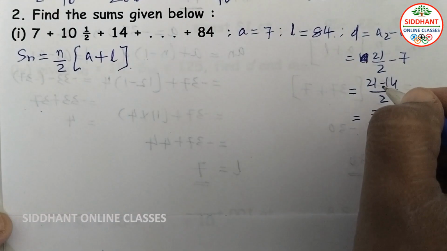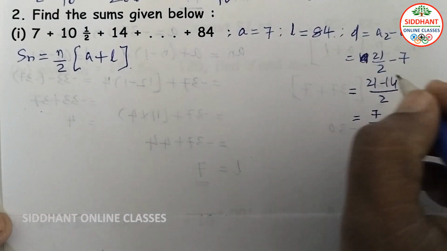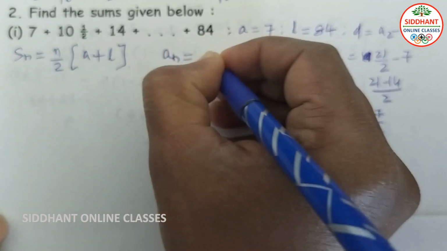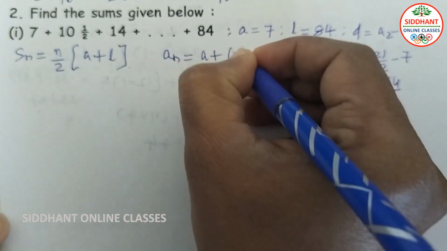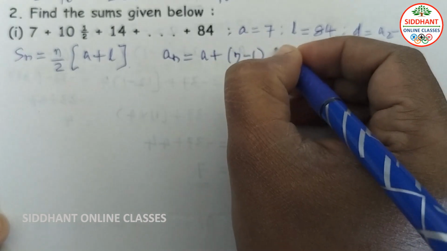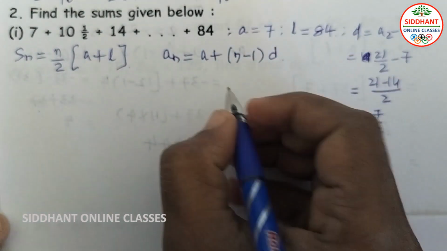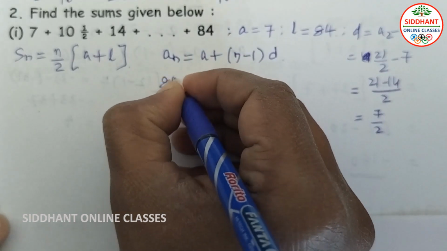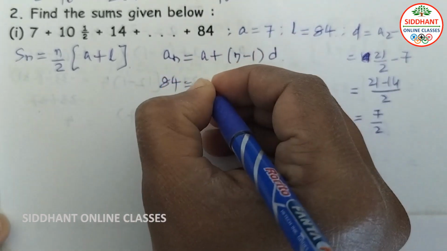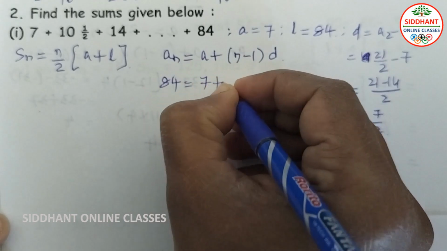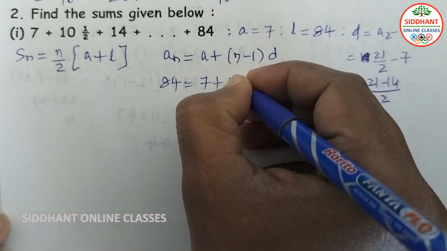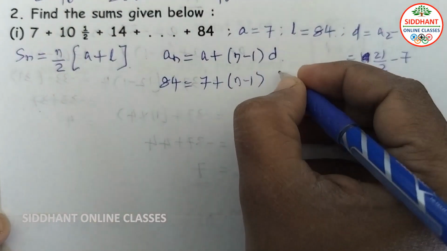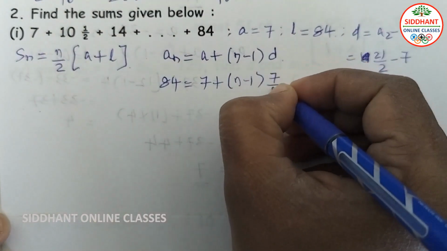Now n we don't know, we are going to find it out. How are you going to find n? Here an equals a plus n minus 1 into d. So an is l, which is 84. a is the first number, which is 7. n is not given, we are going to find n, n minus 1. d we found out, that is 7 by 2.